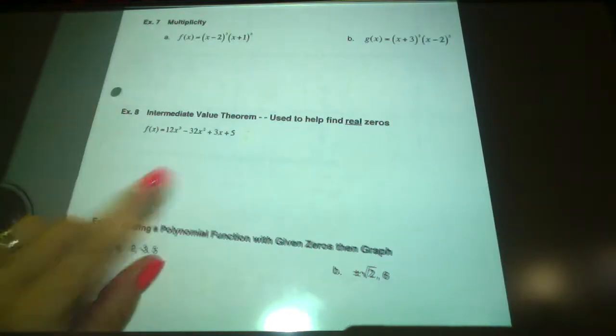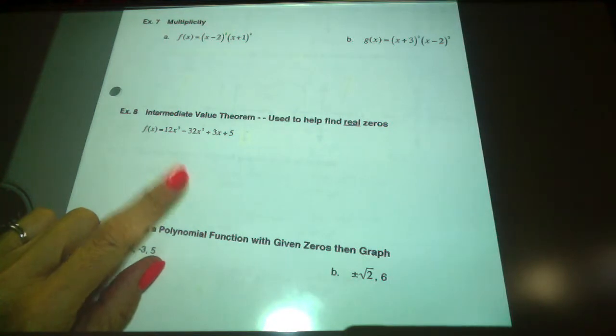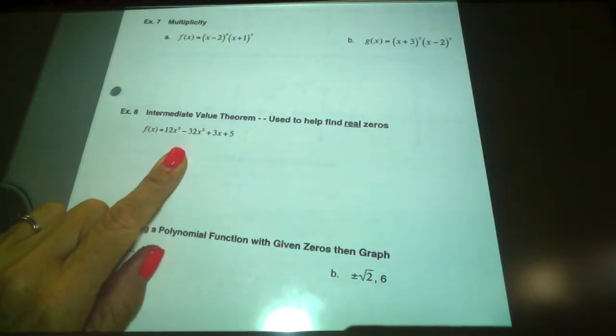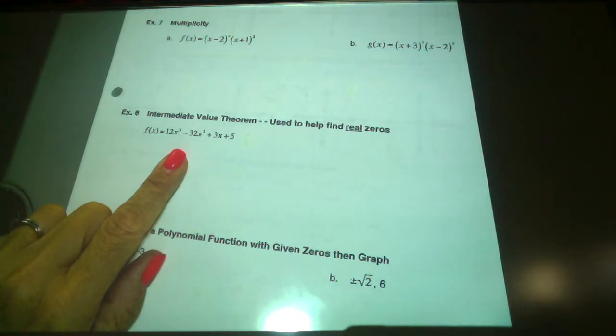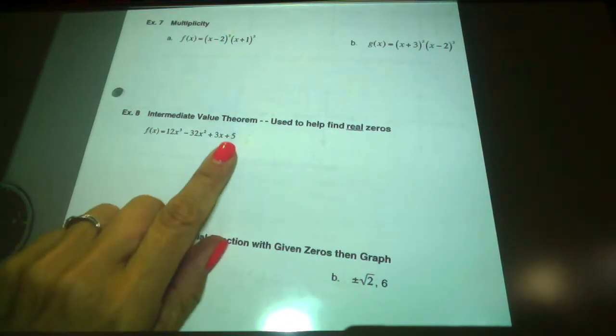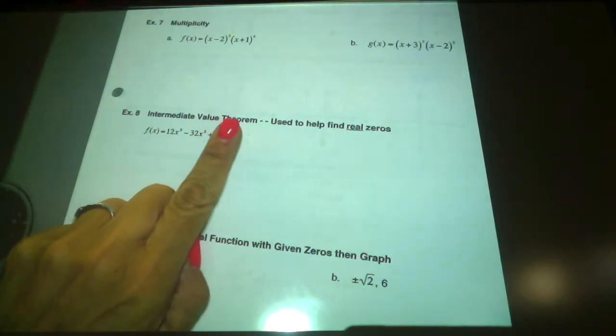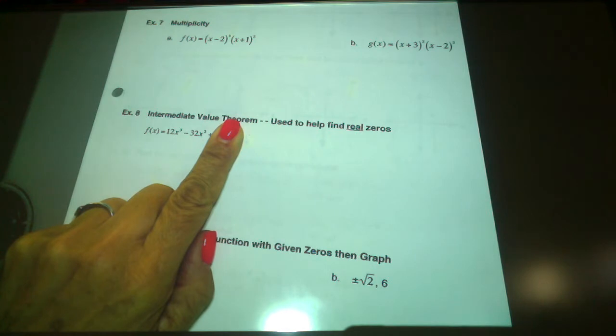Intermediate value theorem, if you were having to find the real zeros on something like this, did I teach you how to factor something this complicated? Then skip those questions. Because even if you try to group, think about this. Those two have nothing in common, right? Those two have what in common? They have a 4 in common, right?